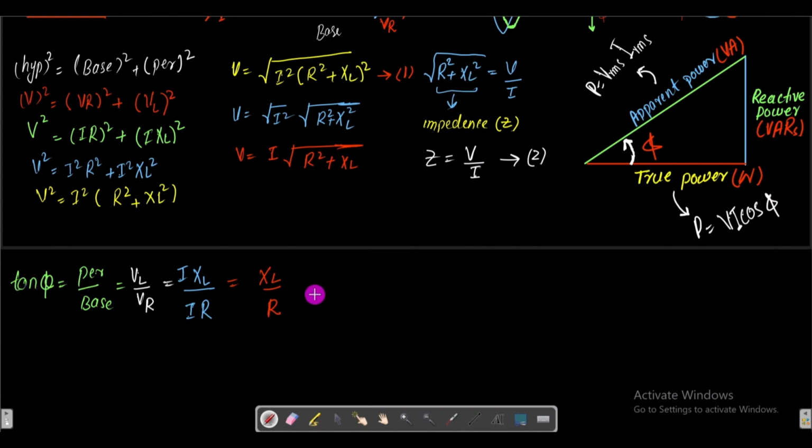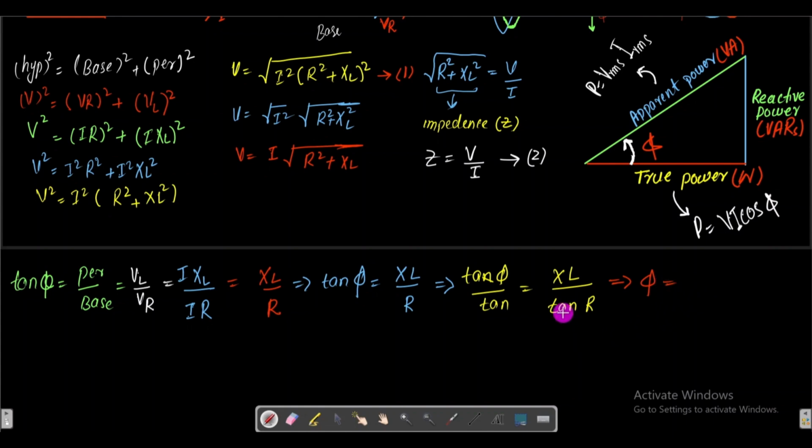So this is the relation for tan phi, which is equal to XL divided by R. If we divide by tan on both sides, the tan and tan will be cancelled, and only phi will remain on this side.